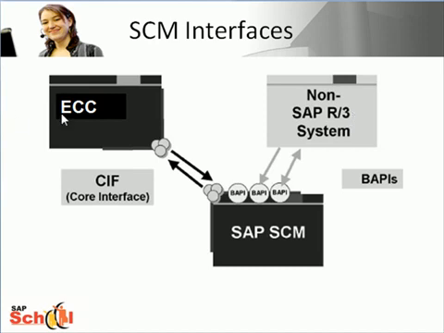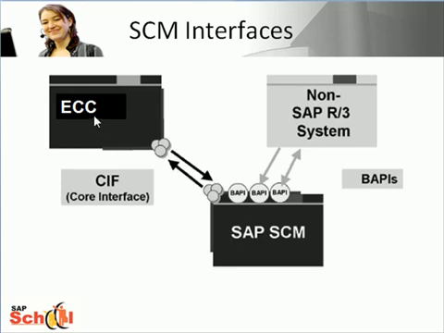When the master data is transferred from ECC to SCM, there is some conversion and renaming. For example, the plant, distribution center, customer, and vendor become locations with the location types plant, distribution center, customer, and vendor. The materials become products.